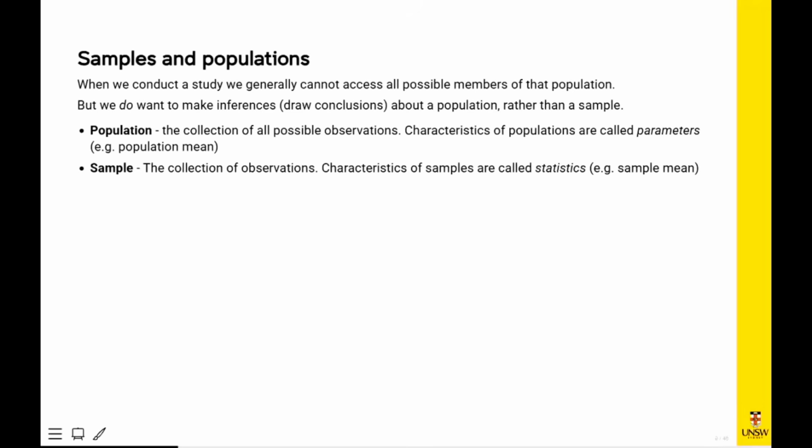And our sample is what we're going to use to estimate that population parameter. This is a collection of observations that we gathered from this bigger population. The characteristics of the samples are called statistics, like the sample mean. And we would use that sample mean to make inferences about the population mean.